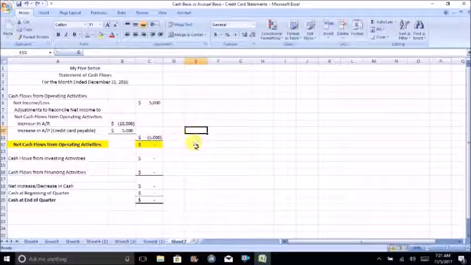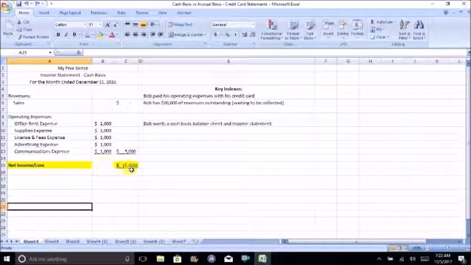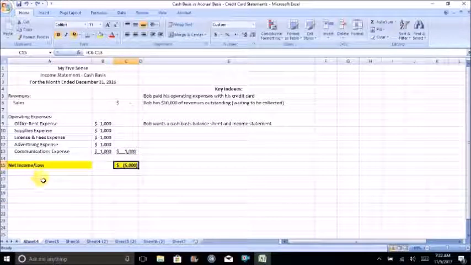It lays this out, which is the authoritative guidance that states how this is done, the rules of how this is done, accrual basis. So cash basis net income is 0. If this is cash basis net income, 0, then what is this? Well, we said this was cash basis net income. Then what is this then?